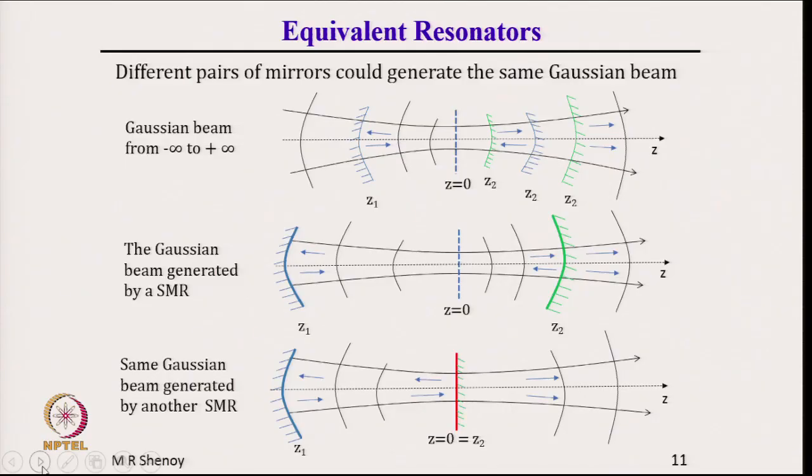Therefore, if you have a Gaussian beam where the wavefront is evolving like this, plane, then the wavefront is evolving. You can place the mirrors at different positions and obtain a stable resonator.